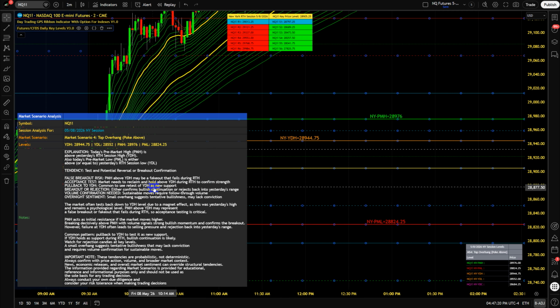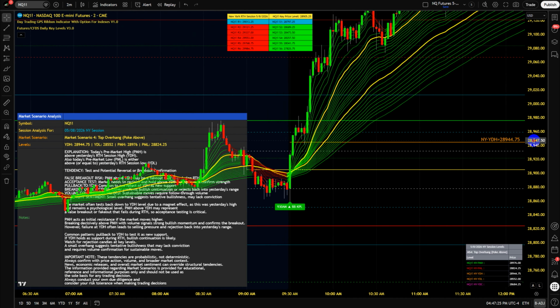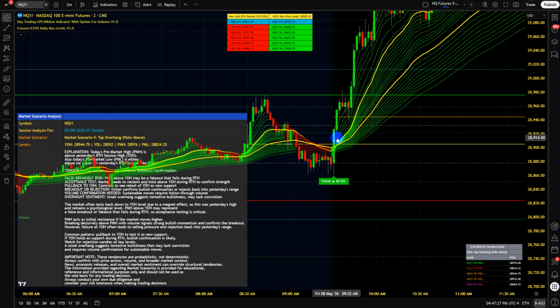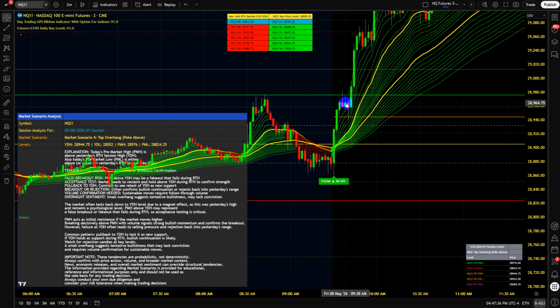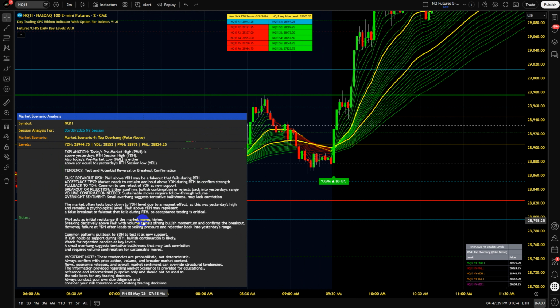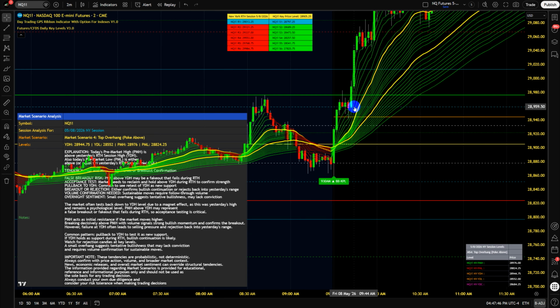Common to see a retest of YDH as new support. So that's exactly what we see here. Breaks above, comes back down, tests it, comes back down and tests it. We also have PMH acting as initial resistance. Breaking decisively with volume signals strong bullish momentum and confirms the breakout. So that's what we finally get here. So this is kind of a textbook example of this particular market structure scenario.